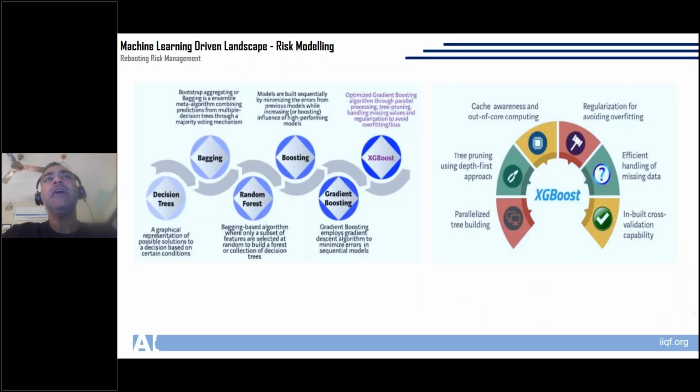Mostly, as I covered, for credit risk per se, the industry is mostly using bagging and boosting techniques. Bagging methods are basically the tree-based models, like random forest or decision tree based models, and boosting is again a different variant of that model.